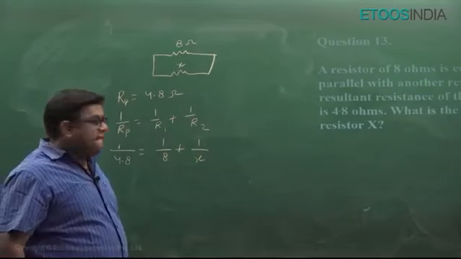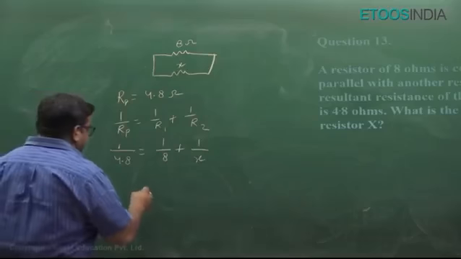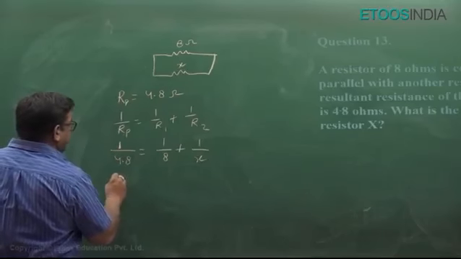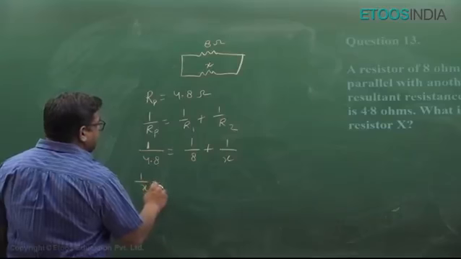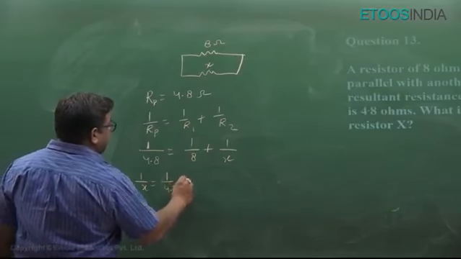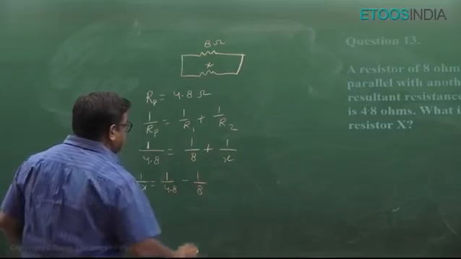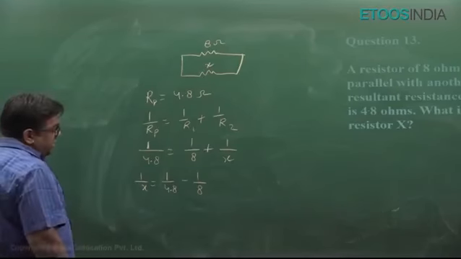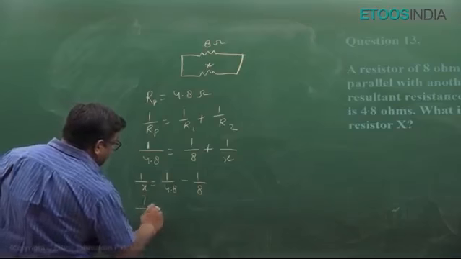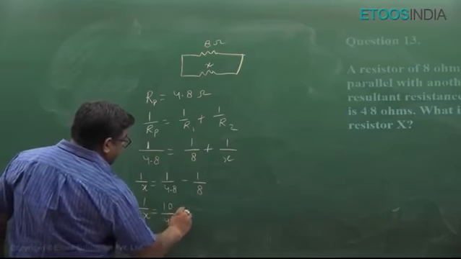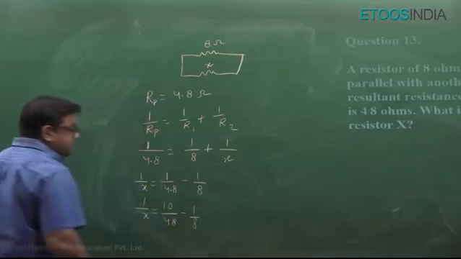Is it clear? Now, to solve this further, I can write it in such a way that 1 upon X is equal to 1 upon 4.8 minus 1 upon 8. Is it clear? Or else I can write this 4.8 as 10 upon 48, so 1 upon X is equal to 10 upon 48 minus 1 by 8.